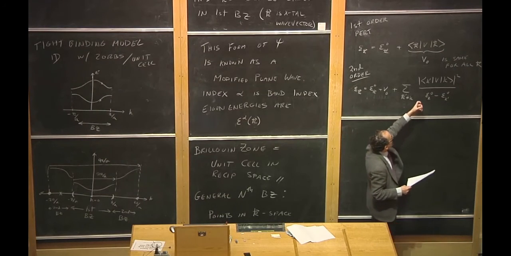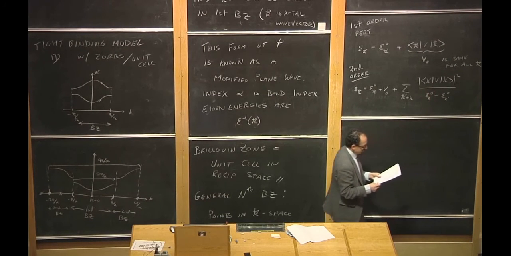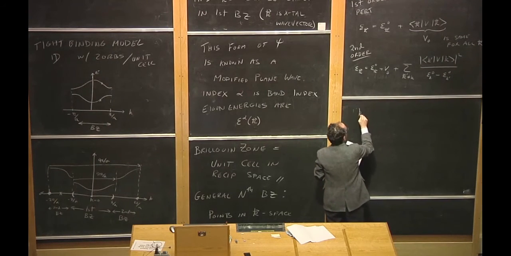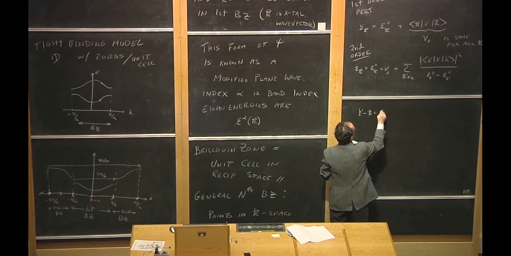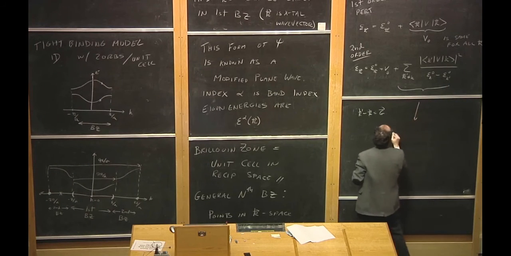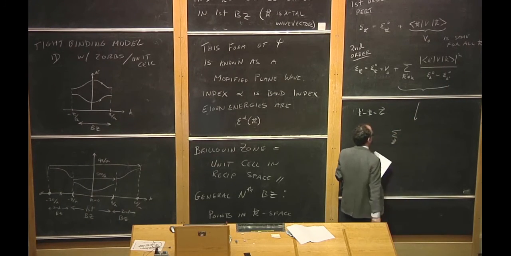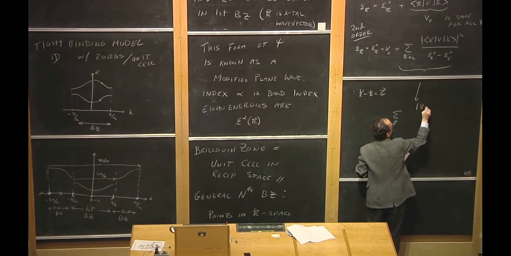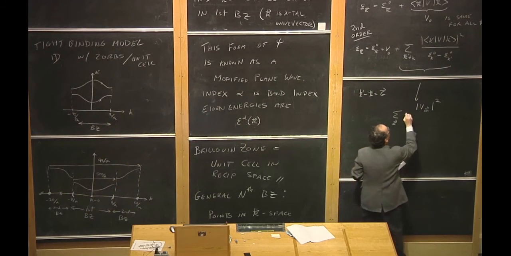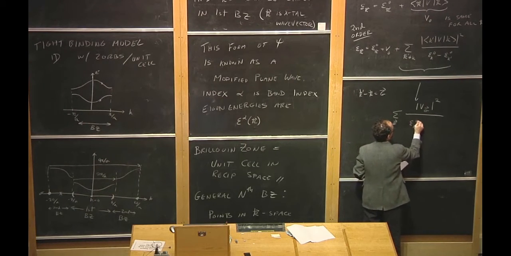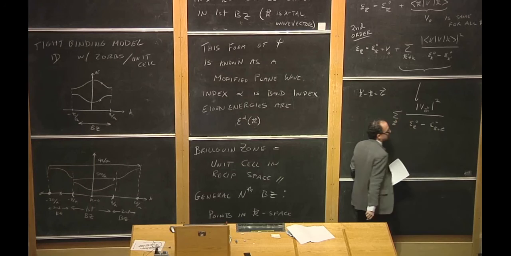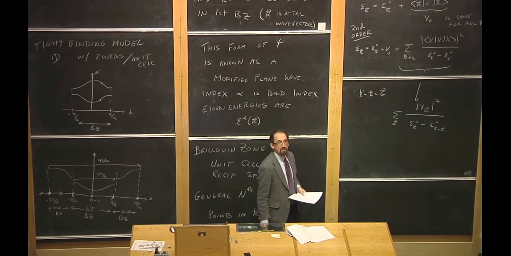Again, we have Bloch's condition for the matrix element: in order for it to be non-zero, k prime minus k must equal a reciprocal lattice vector G. So this term can be rewritten as the sum over reciprocal lattice vectors G of V sub G squared, where G is k prime minus k, divided by Ek naught minus E sub k plus G naught. Good? Look happy with that?